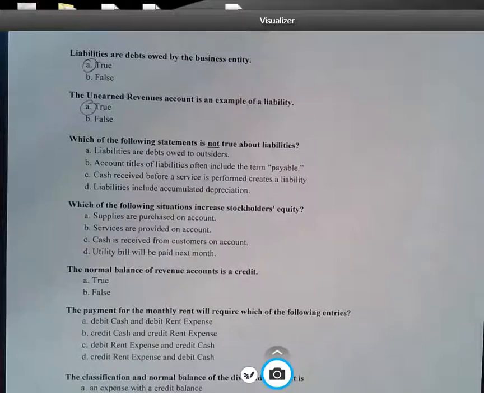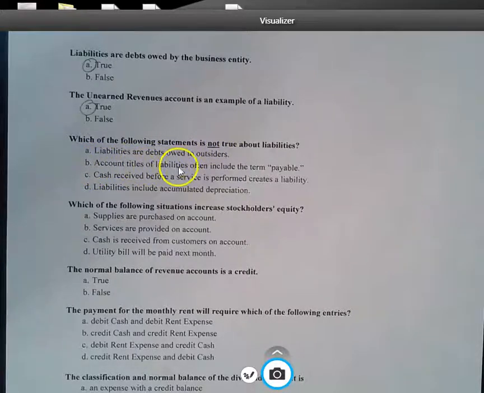That is possible depending on what type of business entity we're talking about. But certainly liabilities are in fact debts owed to outsiders. So that's a true statement. And since we're looking for the not choice, we don't want to circle choice A.